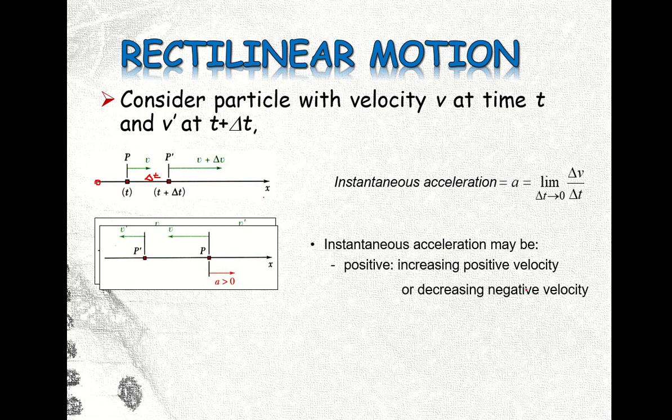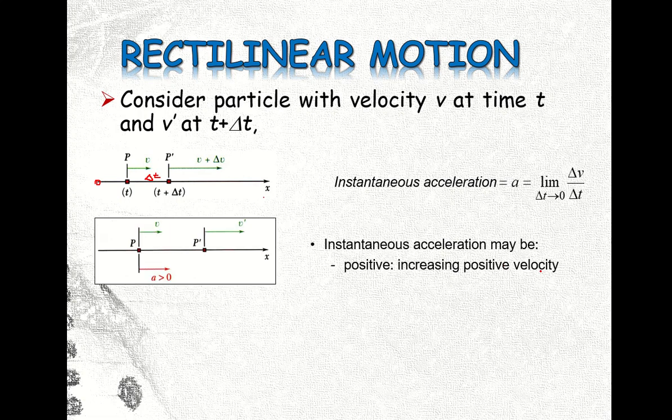So decreasing negative velocity, right? So we have here positive. There are two scenarios. Increasing positive velocity, like this one. You see the arrow here is smaller, all right? And then the arrow here is longer. So it means increasing positive velocity.